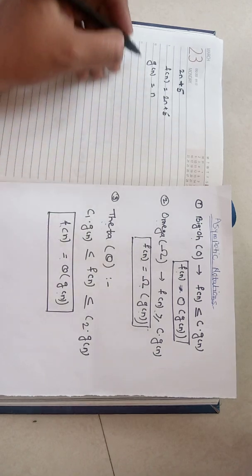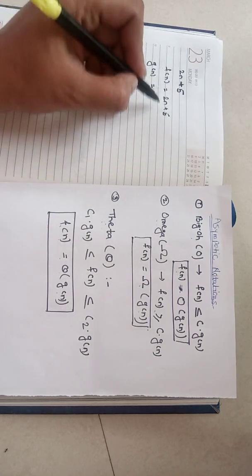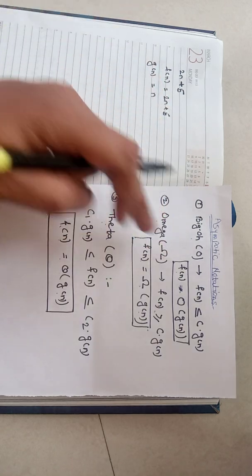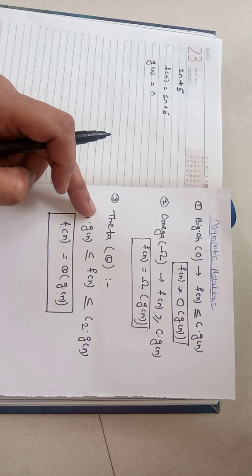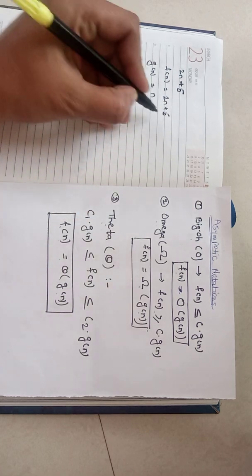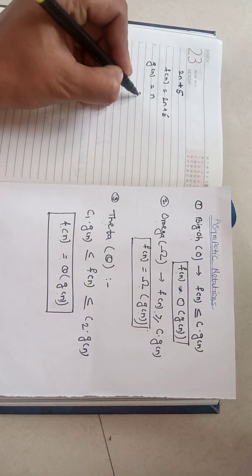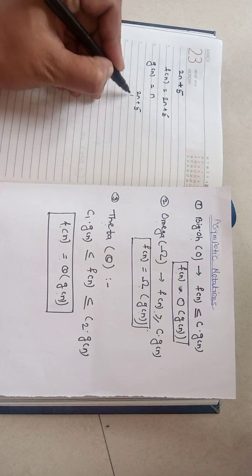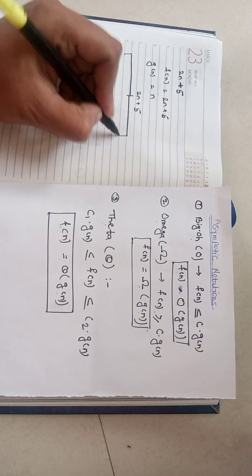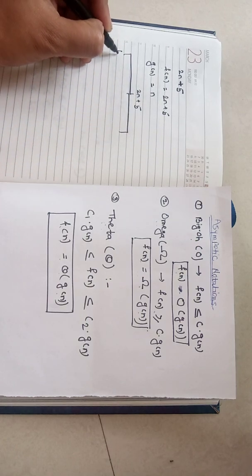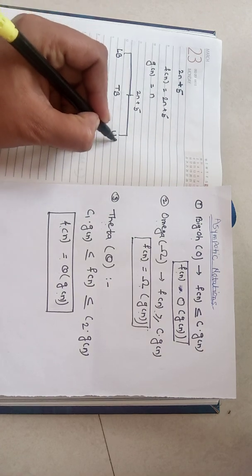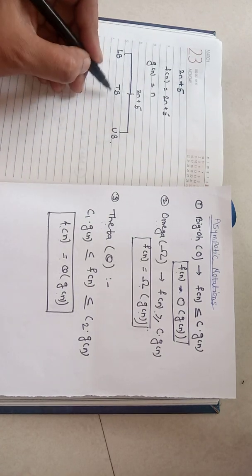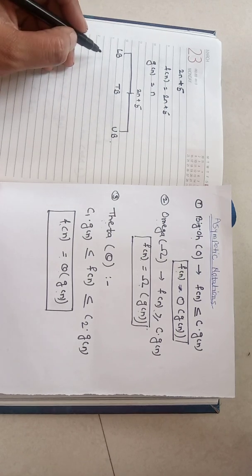Then we have to calculate all three bounds: upper bound, lower bound and tight bound. So we divide 2n plus 5 into three parts: here it is upper bound, here it is lower bound, next it is tight bound, and next upper bound. Fine. So what can be the value of c into g of n?